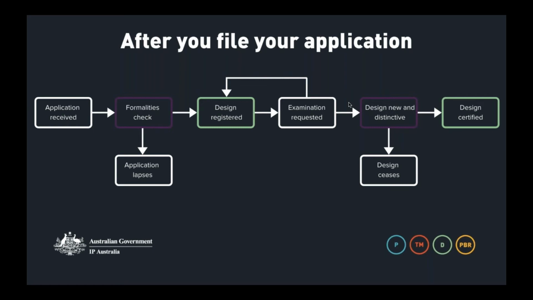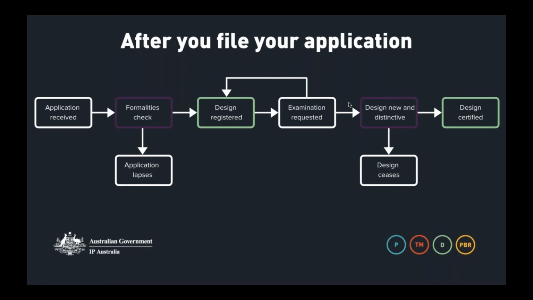So the formalities check, we run through, make sure that your name, address, designer names, all the ownership issues are correct and present. We also check that you have provided us with sufficient representations or pictures of your design for us to be able to see what it is and make sure that it's a suitable thing to be published and registered.